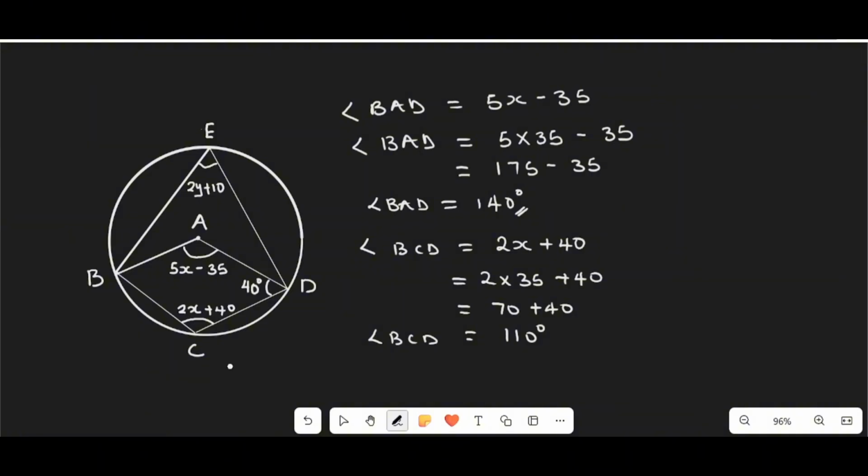So we can say angle ABC plus angle BAD plus angle BCD plus angle ADC equals 360 degrees.